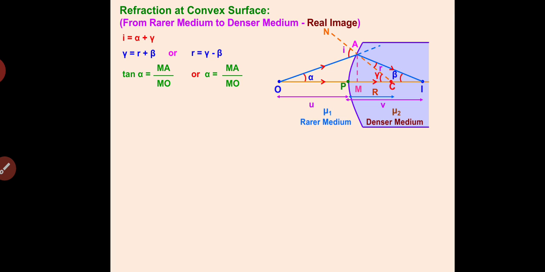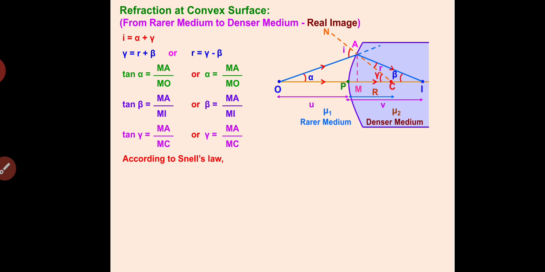So alpha equals MA upon MO. Similarly, from right angle triangle IMA, tan beta is MA upon MI, and beta is small, so beta equals MA upon MI. Similarly, tan gamma is MA upon MC, and since gamma is also small because I and R are small, gamma equals MA upon MC.